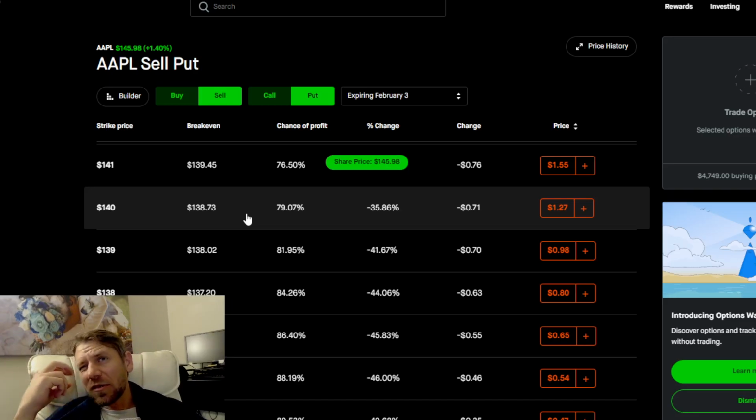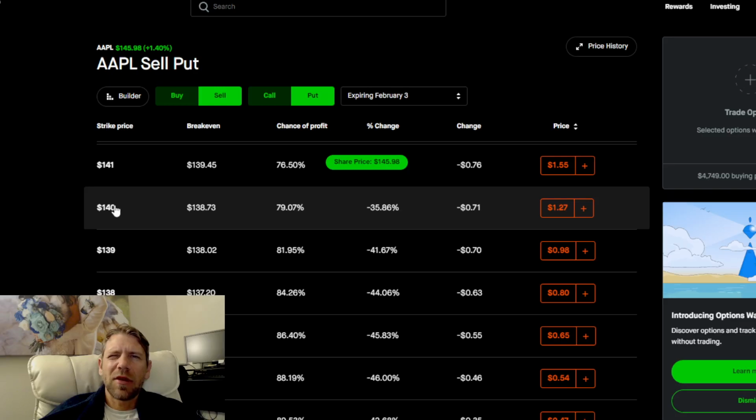So if I wanted to sell a put option, I would have to put up $14,000 because the price of the stock is 140. I'm going to times that by 100 because every contract is a contract for 100 shares of a specific company or an ETF or something like that. And I would get paid $127 for that week.